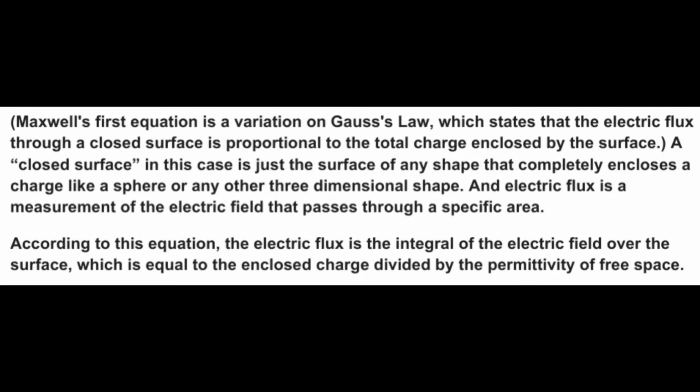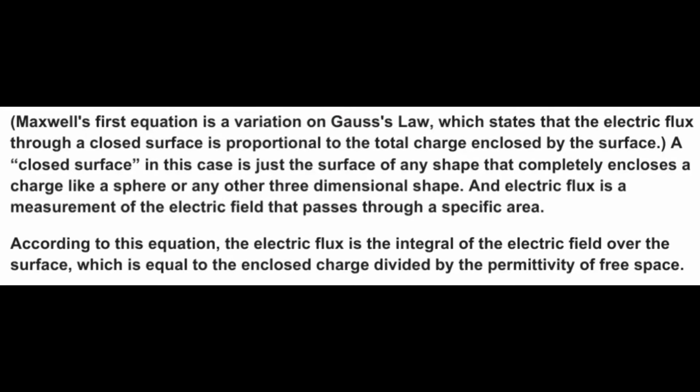A closed surface in this case is just a surface of any shape that completely encloses a charge, like a sphere or any other three-dimensional shape. And electric flux is a measurement of the electric field that passes through a specific area.